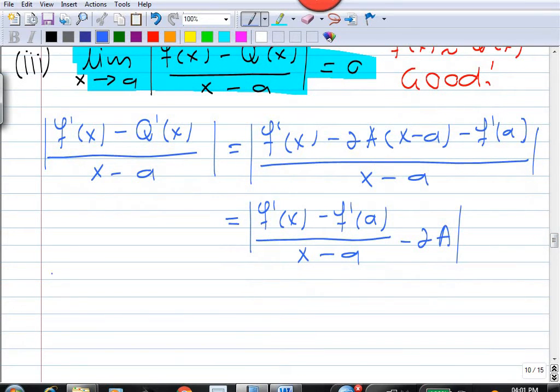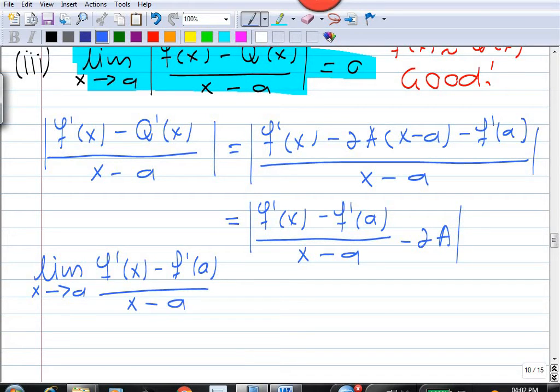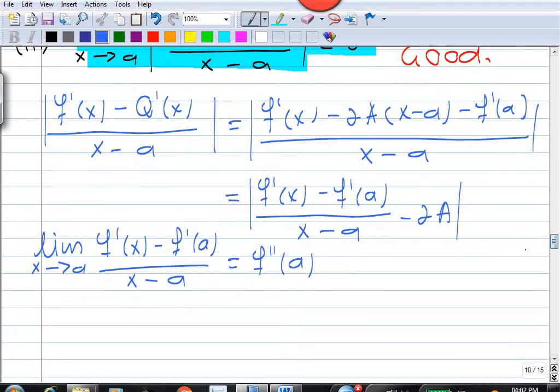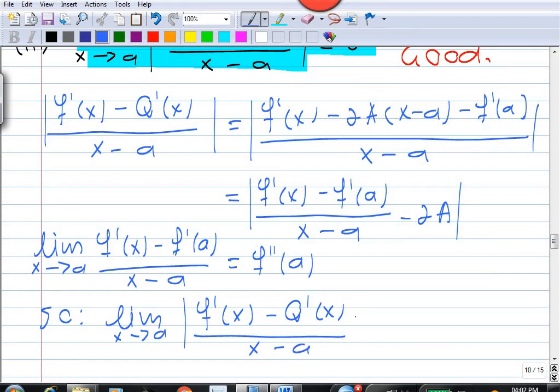Now again, what is this limit, x goes to a of f prime x minus f prime a over x minus a? That's just the second derivative of f at a. So we can conclude that the limit as x goes to a of our relative error for the derivative, f prime x minus q prime x over x minus a, is 0 if and only if a is 1/2 second derivative of f at a.